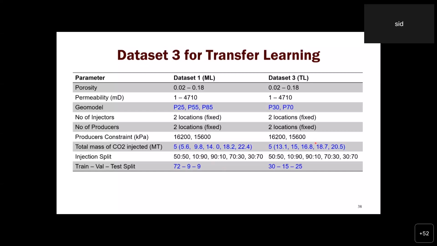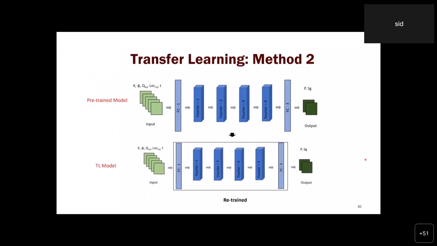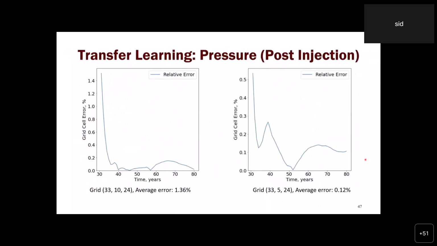But what we are observing consistently is that if we change the locations, the transfer learning still predicts pretty well. When we try to predict a little outside the range, it still predicts pretty well, but I don't have any slide to show you those efforts. Maybe a little more time will be needed to get those.